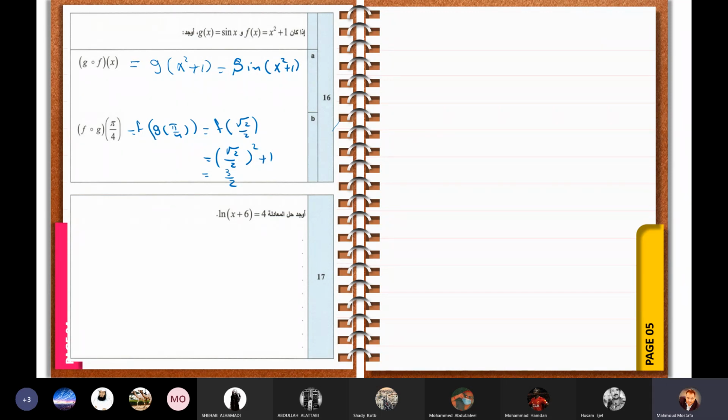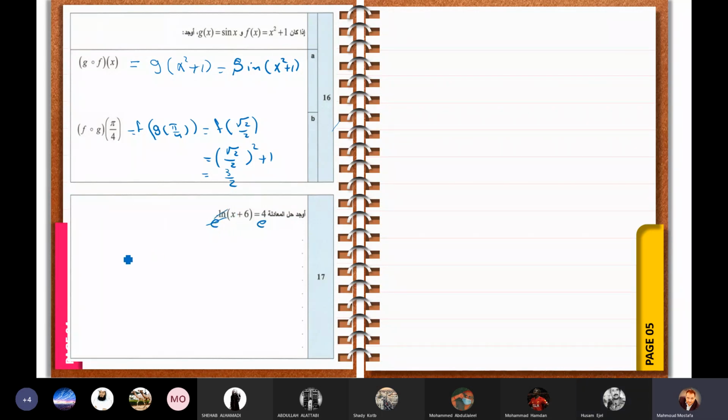Where are your minds? What, sir? The solution, the equation. It equals 3 over 2, correct? Yes, 3 over 2. Solve. I said one and a half a while ago. Then x plus 6 equals 4 in the ln. So I will put e for both sides here.